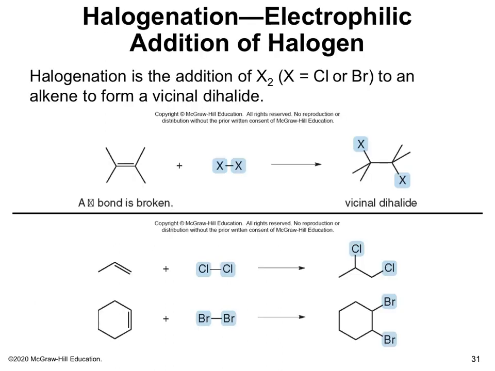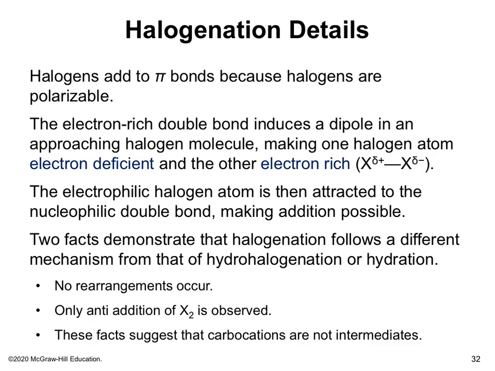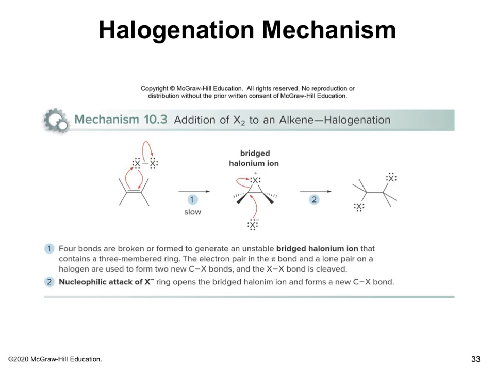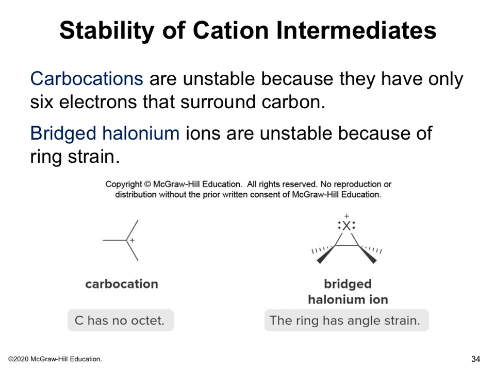Now these are just other slides that I'm not going to go through because we went through this. These are halogenation. You want to make sure you make your bridged halonium ion, and then it does anti-addition because it's going to be nucleophilic attack and open up the three-membered halonium ion.